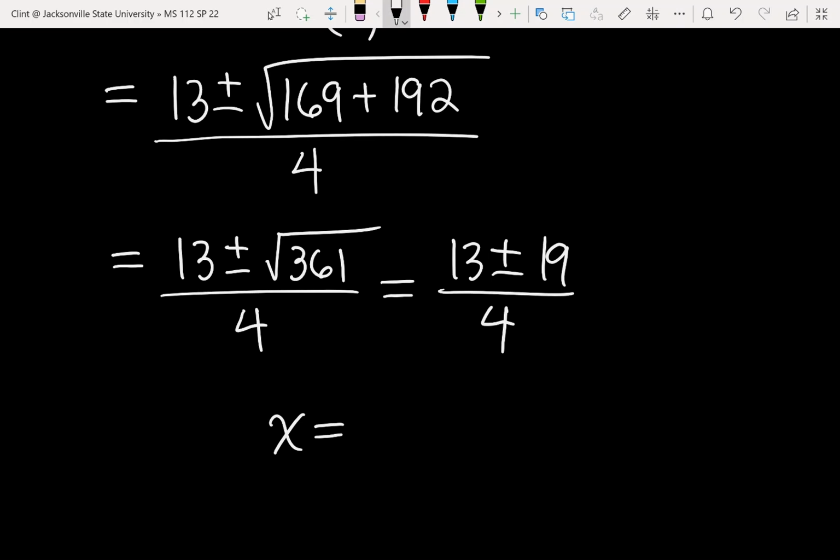So what do we get here if we did plus? 13 plus 19, 32 over 4, which is 8. Do the minus, that would be negative 6 over 4, so negative 3 over 2.